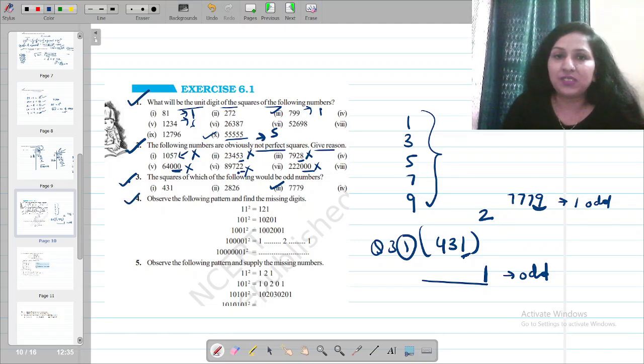You have to observe this pattern and fill in the numbers here. Now, look: 101 squared is 10201. Here 1 is repeated 2 times, so we have gone till 2. If I have 2 zeros in between and 2 ones, we have gone till 1, 2. We are just inserting the zeros in between.